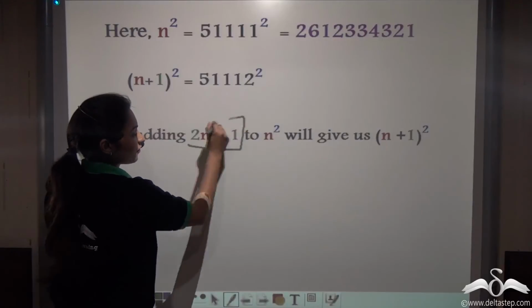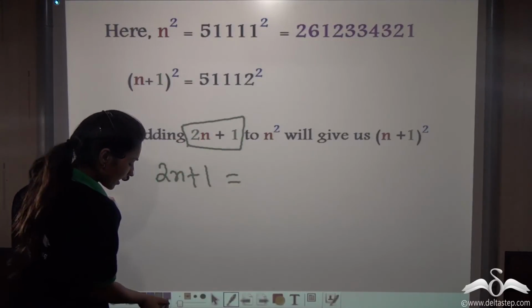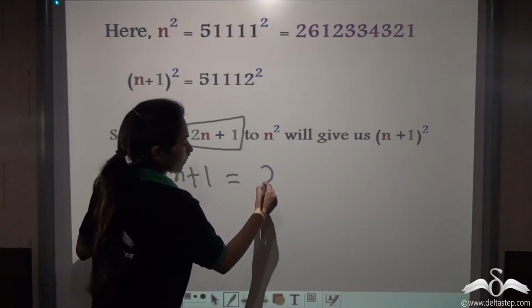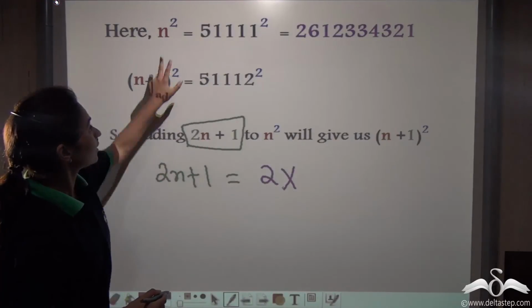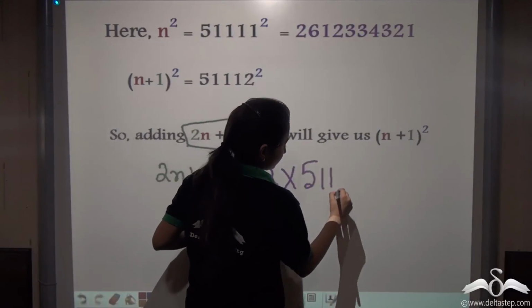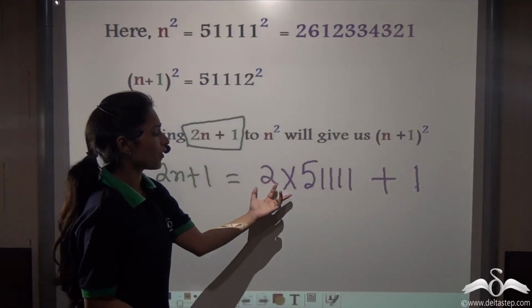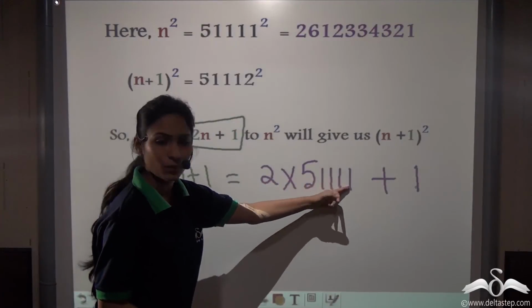So first of all, let's find out 2n plus 1. What will we get? 2 into n here is 51111, plus 1. That is what we have to do. So finding 2 into 51111 is very easy.